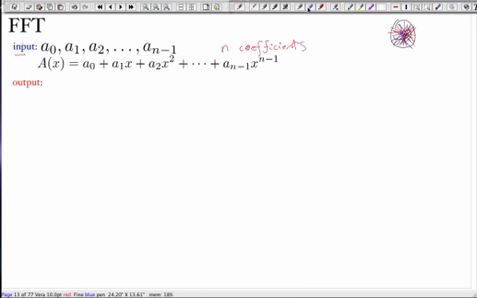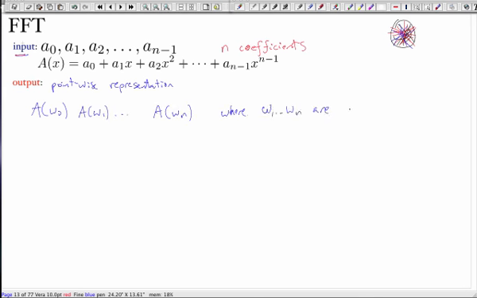Even if you forget how it works, you should know what it does. As input, you get the n coefficients. As output, you are going to get the pointwise representation: a of omega 0, a of omega 1, all the way to a of omega n, where the omegas are distinct points, and they're specially chosen. That's all the FFT does.